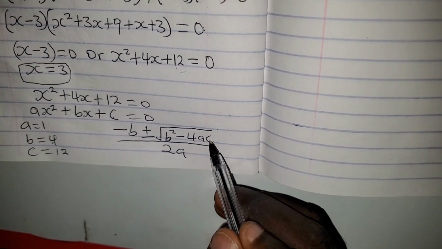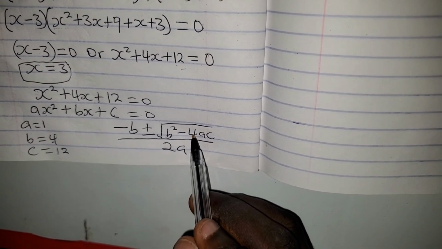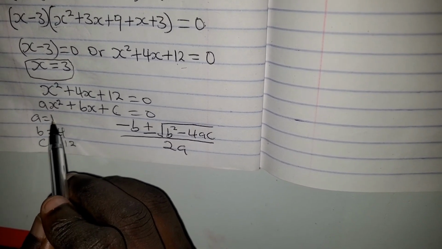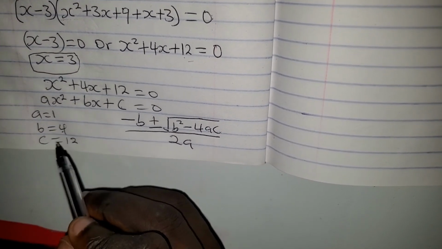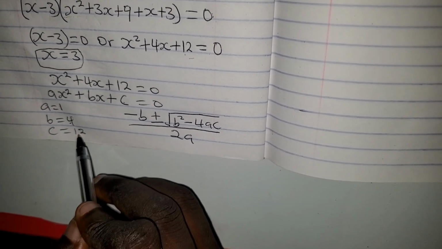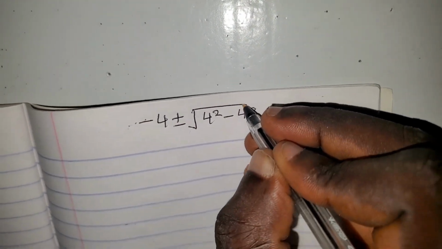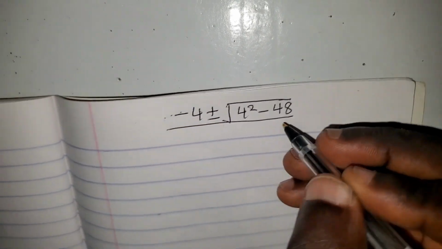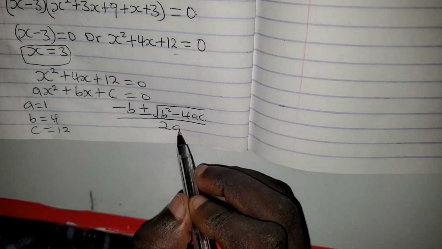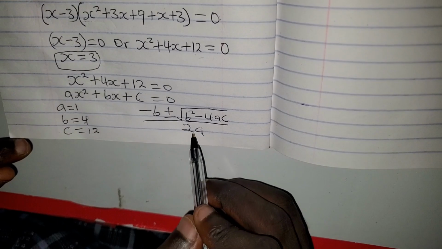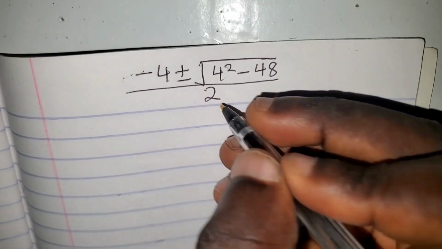That is 4 times a times c. So that will be 4 times, what is my a? 1. 4 times 1 is equal to 4, times c, which is 12. So 4 times 12 is equal to 48. All over 2a. A is equal to 1, so 2 times 1 is equal to 2.